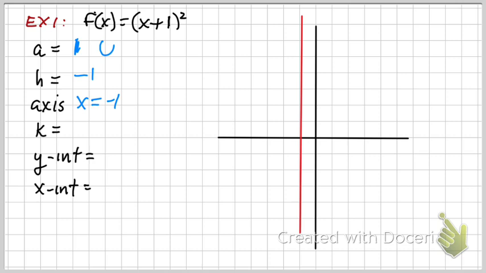What's K? Technically, this is plus 0, right? There's your K. All right, so now I just locked in where the vertex is. I know it's on that red line. It's at the point 1, 0.